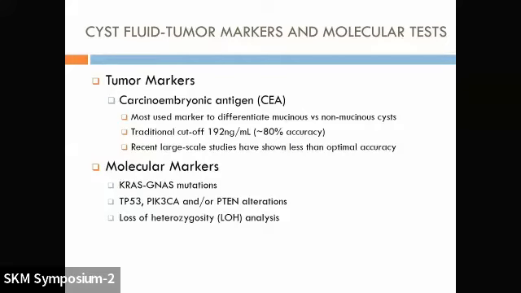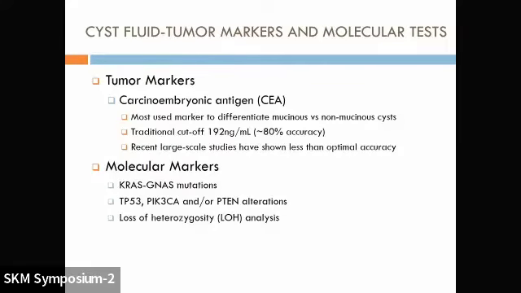However, some recent large-scale studies have questioned the accuracy and utility of this marker in differentiating mucinous and non-mucinous cysts. Therefore, there has been an increasing trend to develop other markers, such as molecular markers, for risk stratification of pancreatic cysts. There are a number of studies that have been published on the molecular markers.